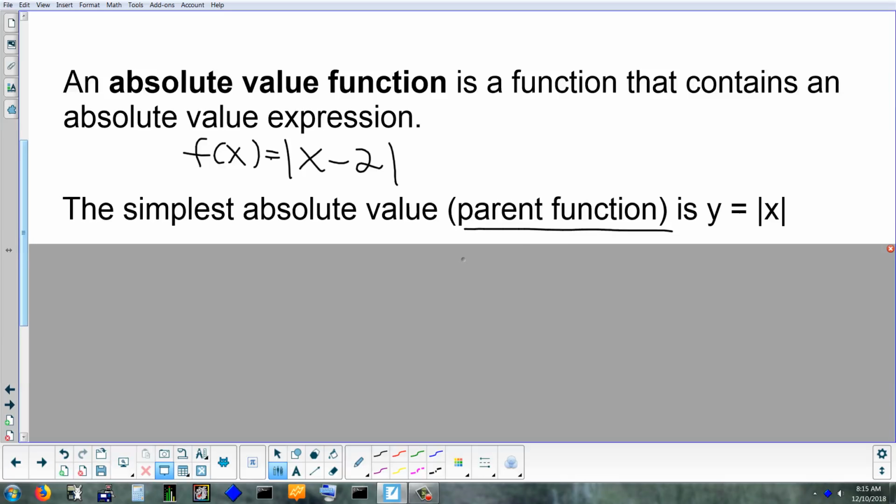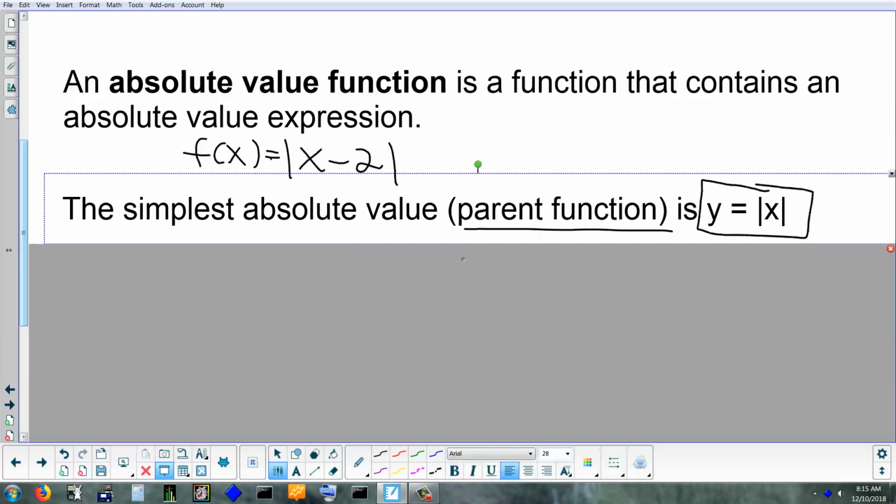You want to write in parent function, and then outside the parentheses write y equals the absolute value of x. There's no adding, no subtracting, nothing else that makes it complicated. It's the most simple absolute value function you can have, and every other absolute value function, we're going to compare to this one.